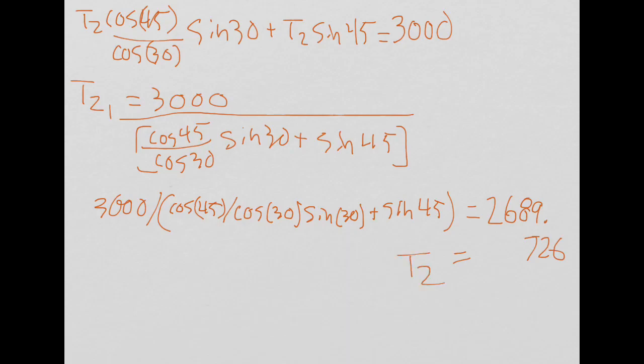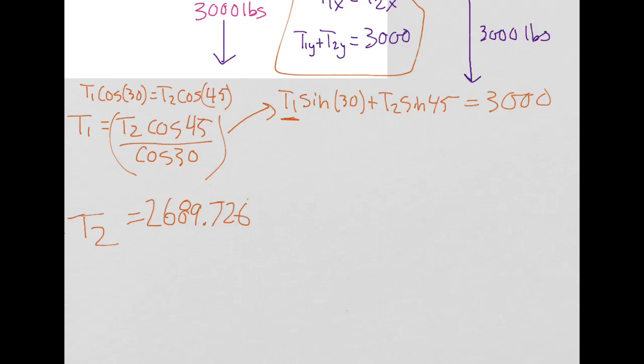Now that we have that, all we have to do is substitute back into our equation to find T1. So now I'm going to use that value I just found, 2,689.726, and plug that directly into the equation that I already have for T1. So, plug it in exactly like you see.